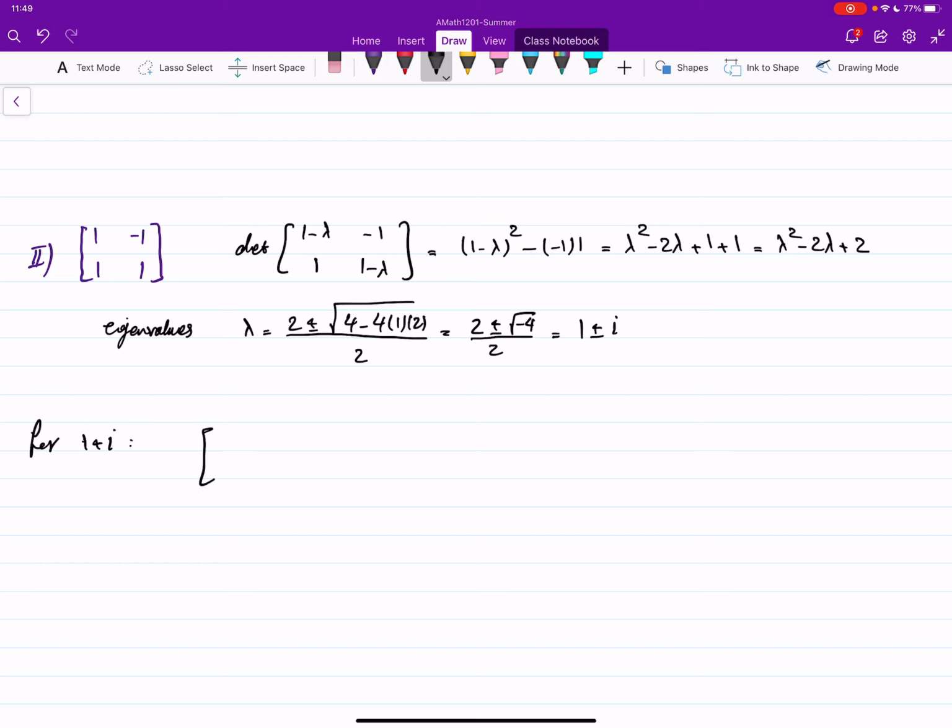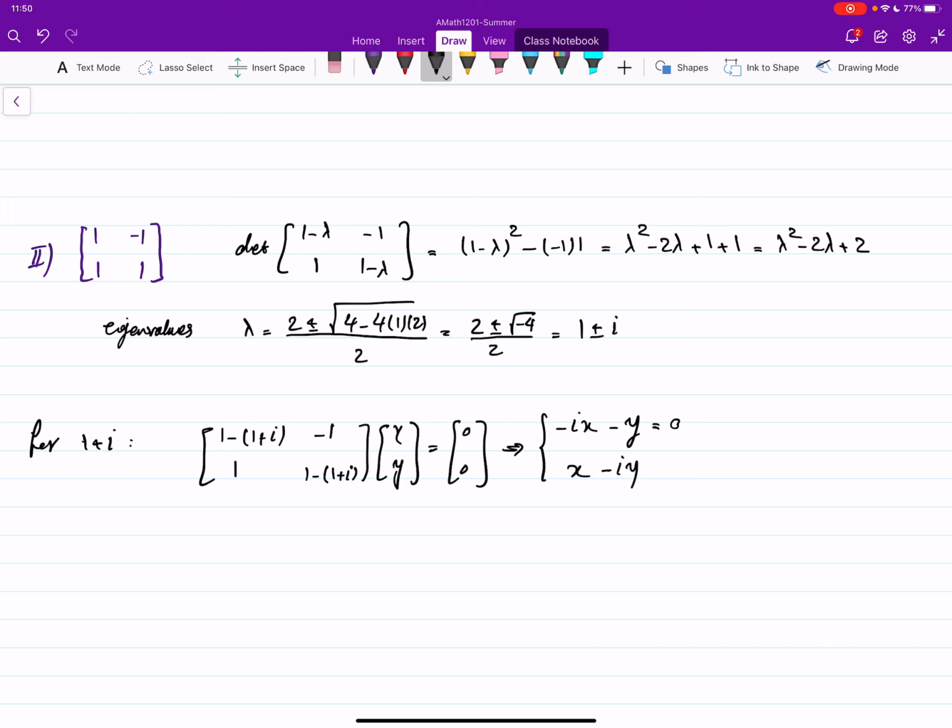So for 1 plus i, we do get the matrix 1 minus (1 plus i), negative 1, 1, 1 minus (1 plus i), times x y equals 0, 0. From there, you see that minus i x minus y must be equal to 0, and x minus i y is equal to 0.